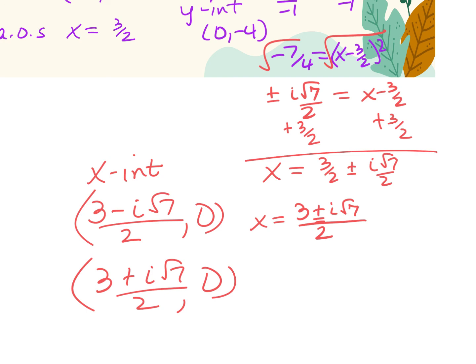So if they ask you for only real answers, you would say none. But if they ask you to list all x-intercepts, you would list the imaginary. If it says list all solutions, then you would list the imaginary.